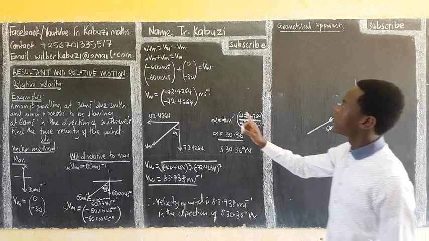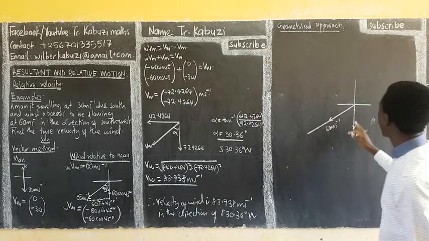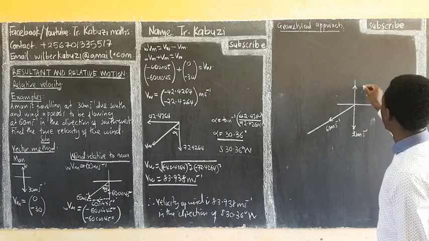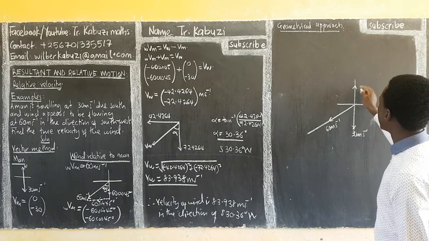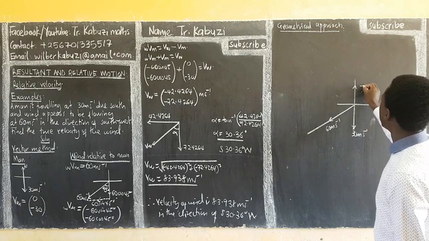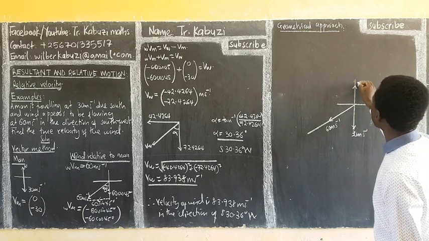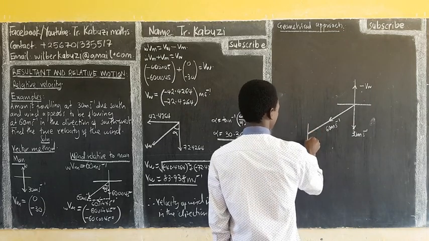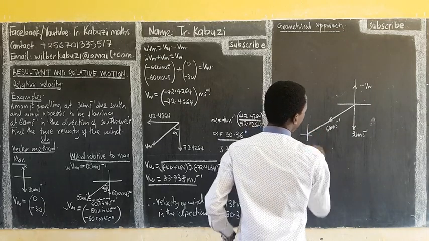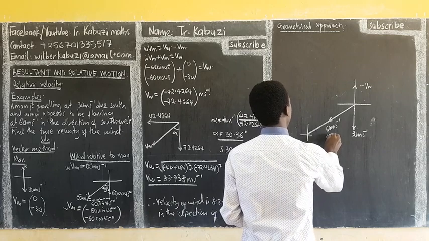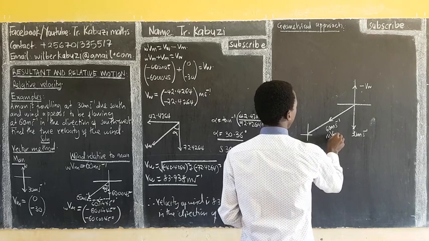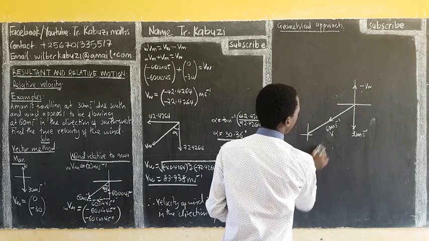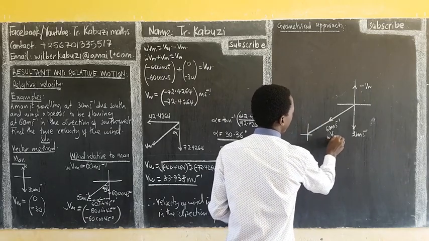Remember, we always get the negative, so we get the negative of this, meaning we have to move in the opposite direction, so this will be our negative of the man. And then this one will be the velocity of the wind relative to that of the man.